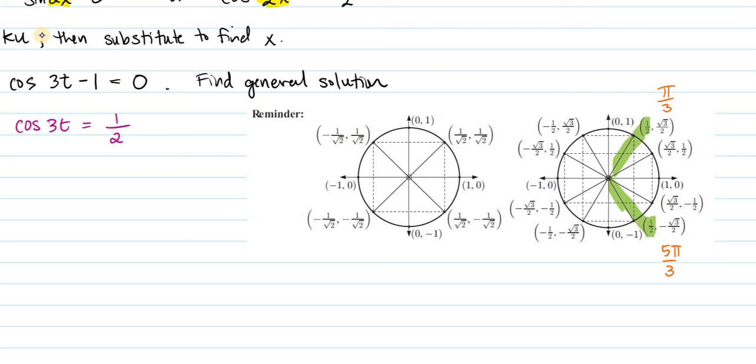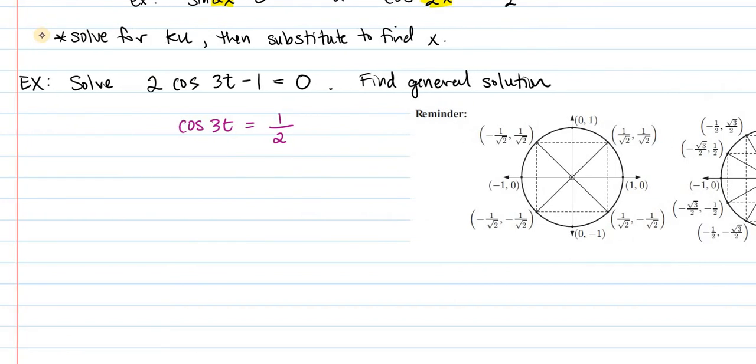So we know that if we did the inverse functions, we would have 3t is equal to pi over 3, and 3t is equal to 5 pi over 3. All right, at this point, we're going to add the 2 pi n to each of those. And then we're going to solve just for t, or just for the variable.